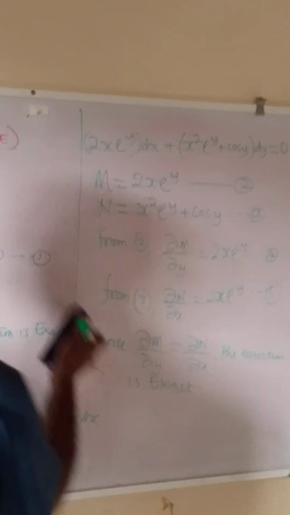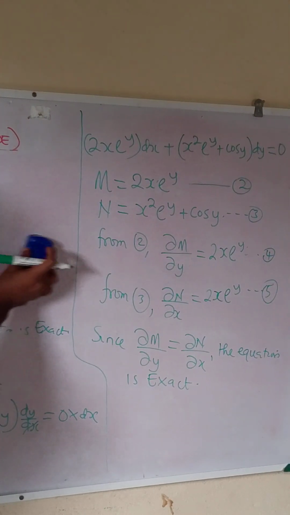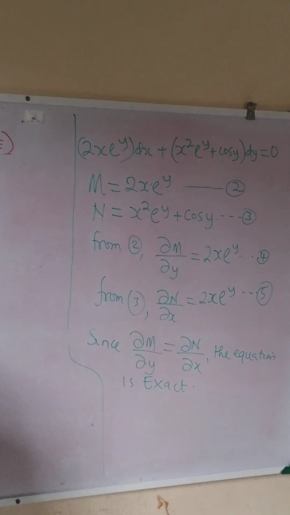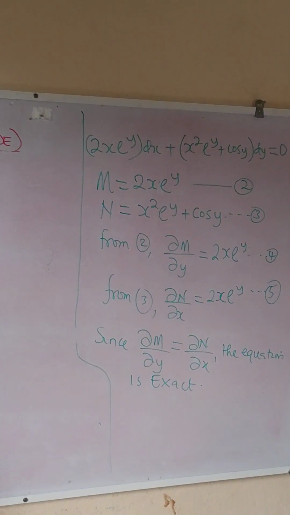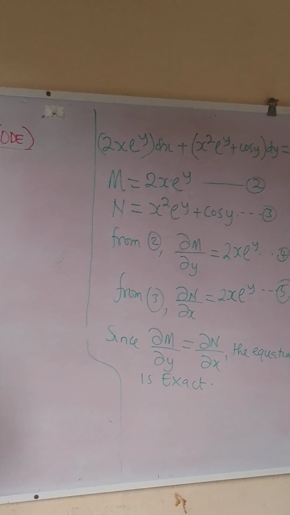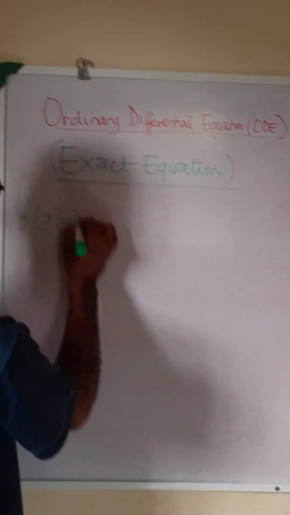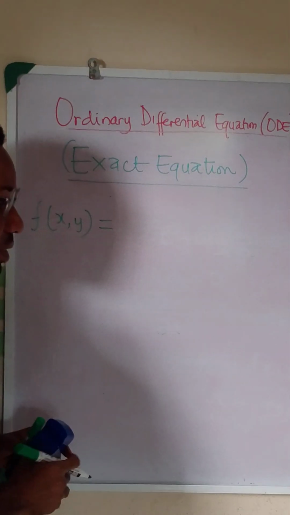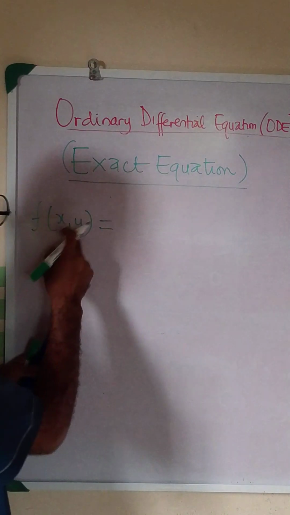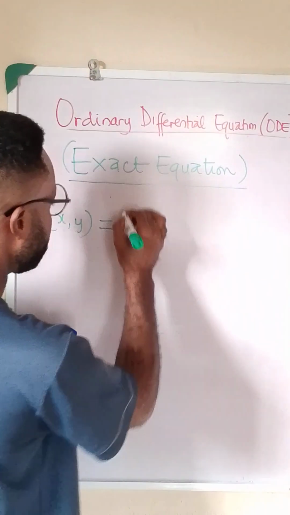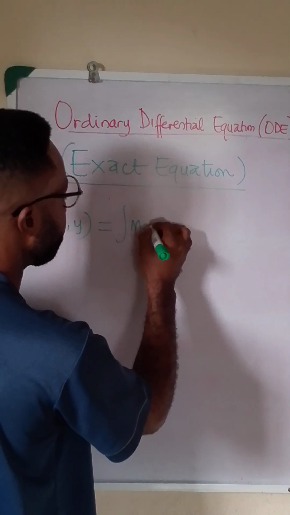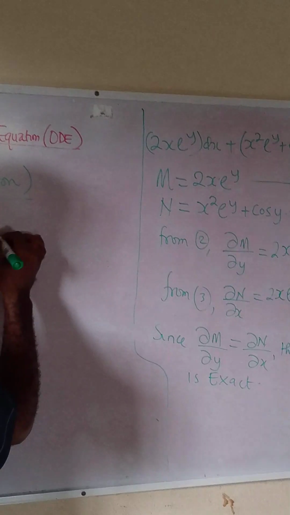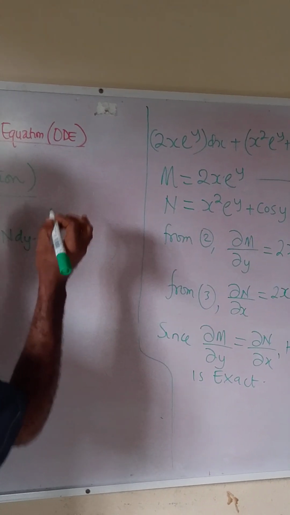In solving this equation, it is going to be very simple. Note that in solving this equation, we are going to have that a function of x, y, equal to a function of x comma y, is equal to the integral of M dx plus the integral of N dy.